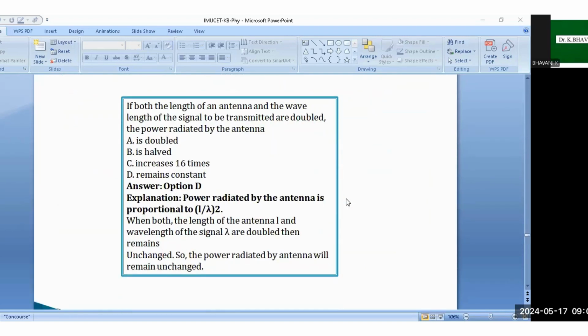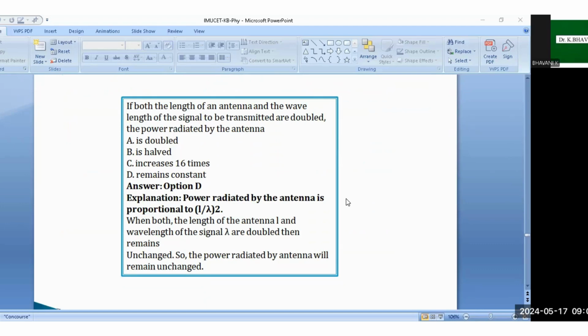And next, if both the length of an antenna and the wavelength of the signal to be transmitted are doubled, does the power radiated by the antenna increase or remain constant?